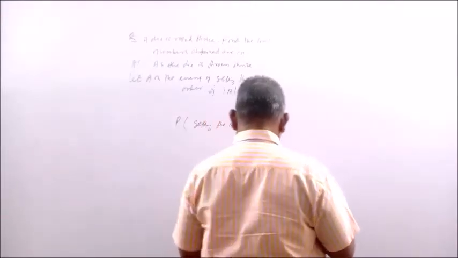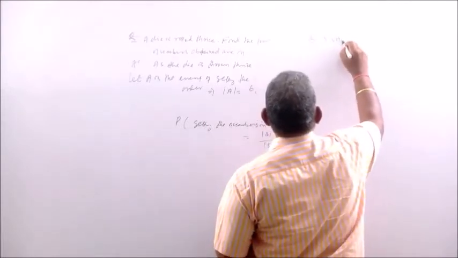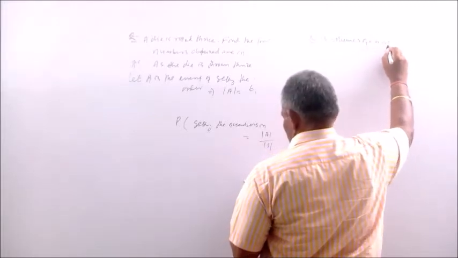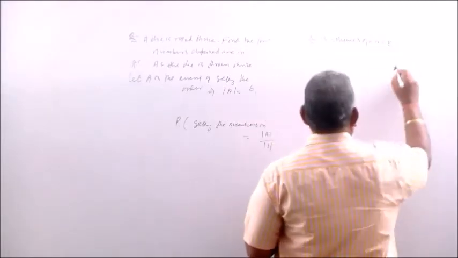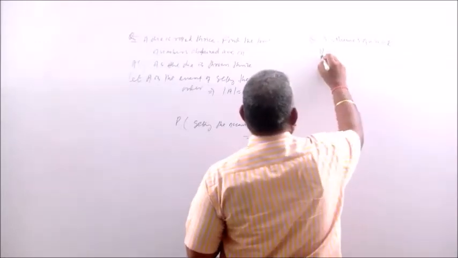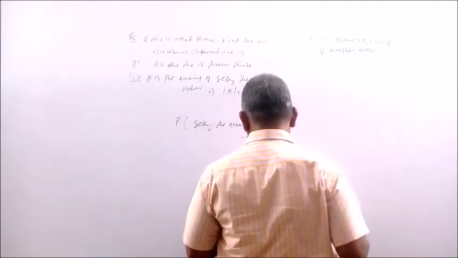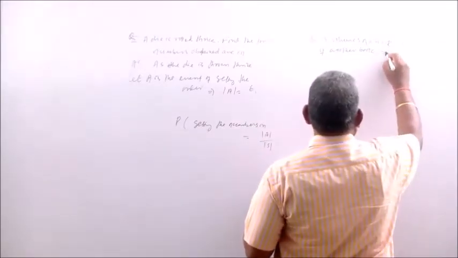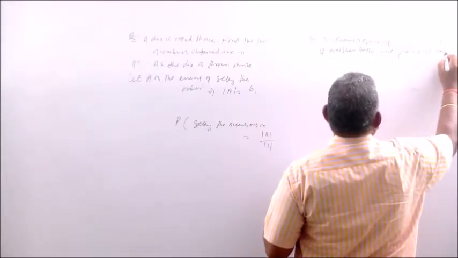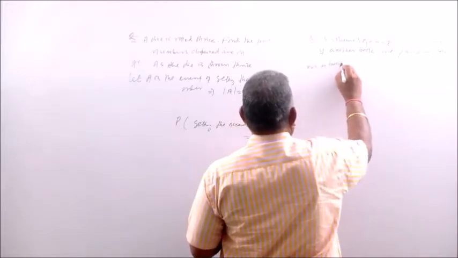Next is: three volumes of a book and 5 volumes of another book are placed at random on a bookshelf.